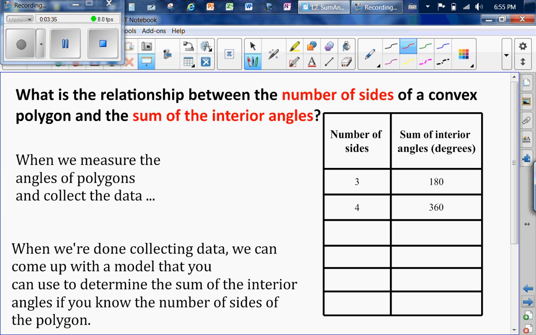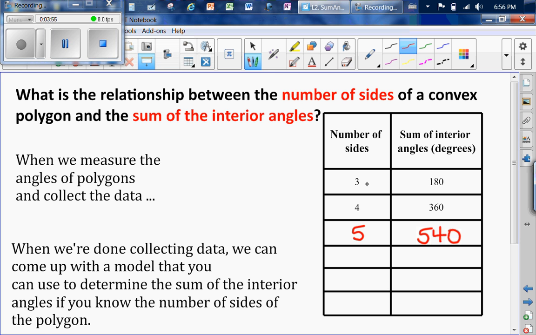Now, if I were there, we would do a little investigation and I would have you measure some of these things, but we don't. If we measure the angles of polygons and collect the data, the numbers would look something like this.